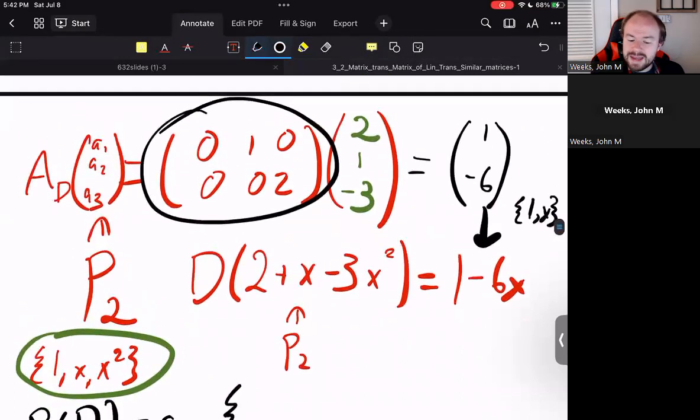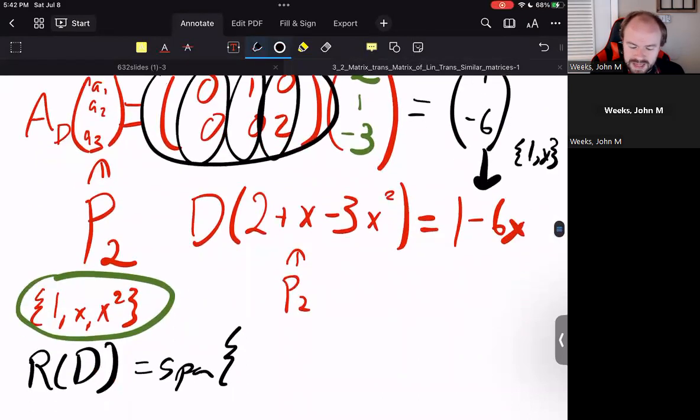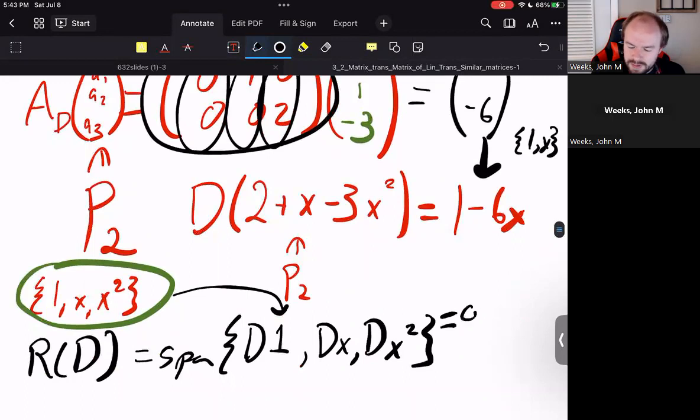We're going to take the span of each of where the operator takes the standard basis elements of our space P2. So for example, it's going to be taking d of the function 1, d of the function x, and d of the function x squared, because this is where the standard basis elements are coming from. So this is the column space of this matrix.